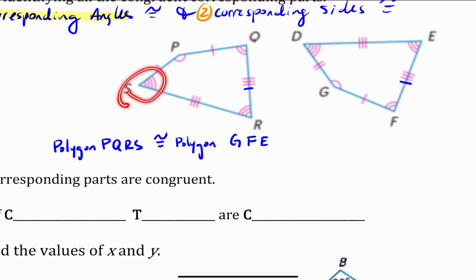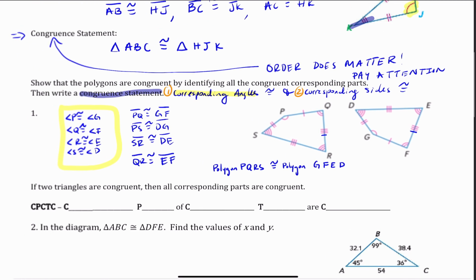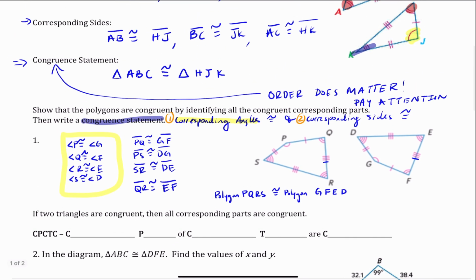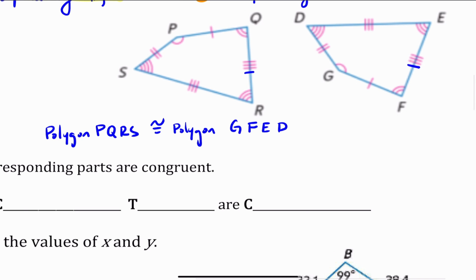So there's 4 arcs here and 4 arcs here. I don't write E because I already did. I meant to put D. So this is what we call polygon PQRS, which is congruent to polygon GFED.